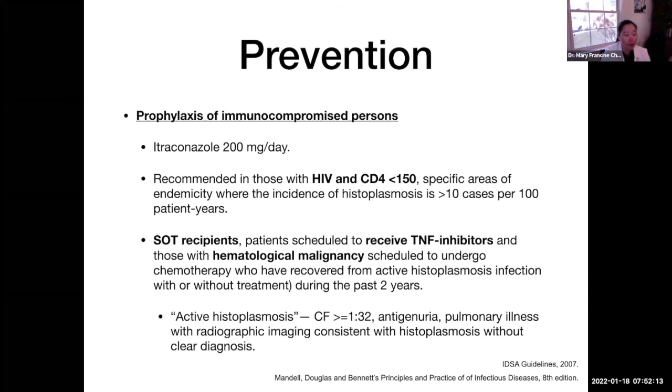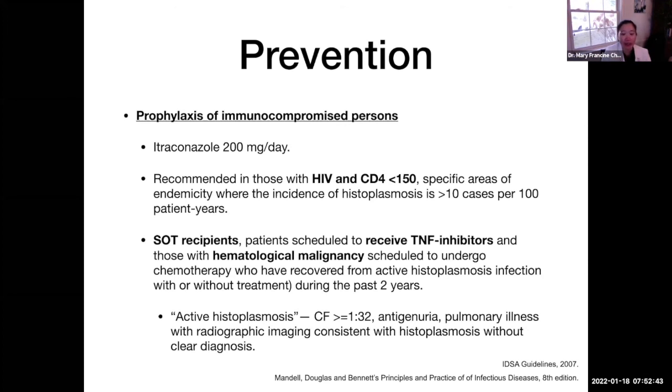So if you have a non-HIV patient who's fairly immunosuppressed because of solid organ transplant, hematologic malignancy on chemotherapy, or TNF-alpha inhibitors, and they have had active histoplasmosis in the last 2 years, then secondary prophylaxis would be recommended.